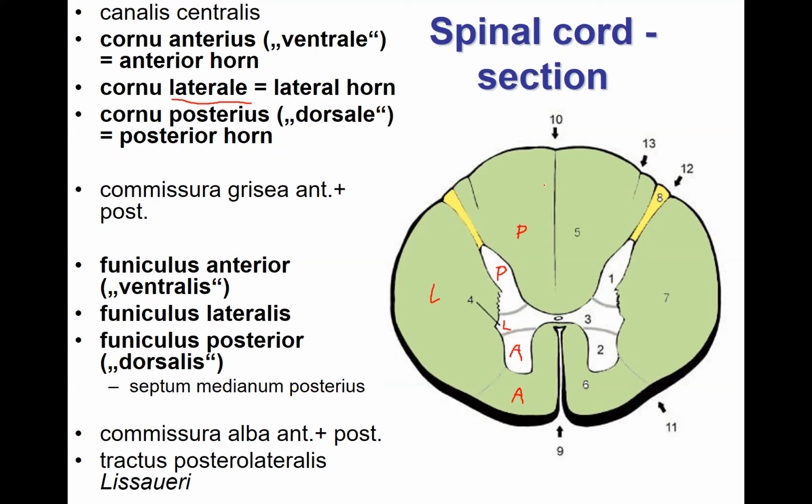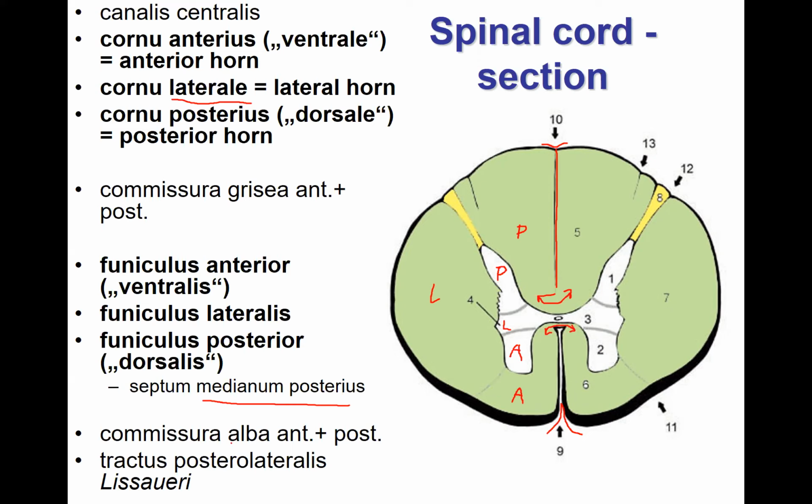So some other structures which you can see and which we already know. This is the anterior median fissure. This is the posterior median groove, which is shallow. There's a continuation of pia mater inside, which we call the posterior median septum. So only here and here we have communications from the left to the right.